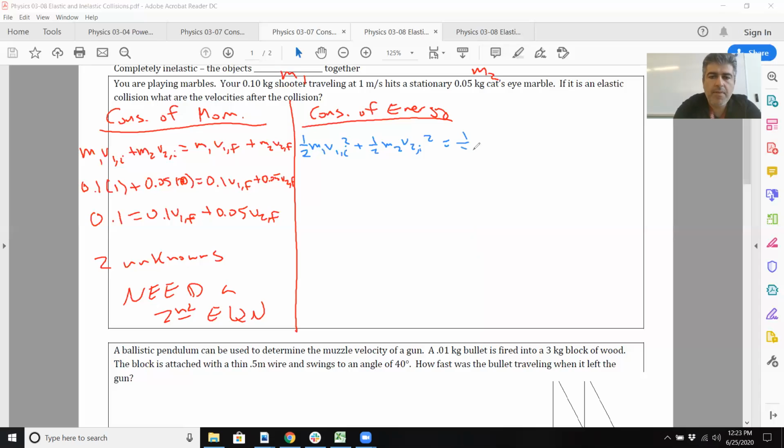Equals 1/2 m1 v1f squared plus 1/2 m2 v2f squared. Again, we know the velocity of the first marble is 1. So it's 1/2 times 0.1 times 1 squared. And that's just going to be 0 for the cat's eye, because the initial velocity of the cat's eye marble is 0.